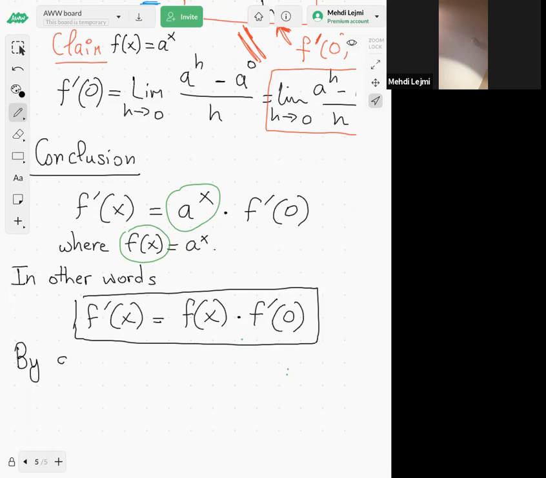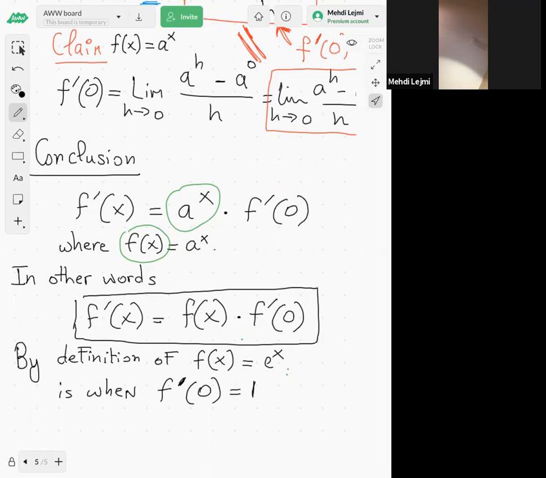But by definition of the number e, the definition of e to the x, this is when f prime of 0 is equal to 1.